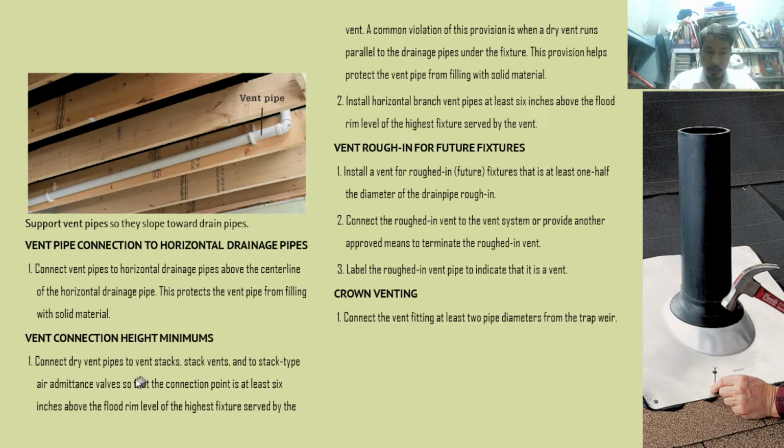So even though we are connecting dry vent pipes, they must be connected at least 6 inches above the flood rim level of the highest fixture. Here we must install horizontal branch vent pipes at least 6 inches above the flood rim level. So this is the third time that this provision is mentioned: 6 inches above the flood rim level of the highest fixture.